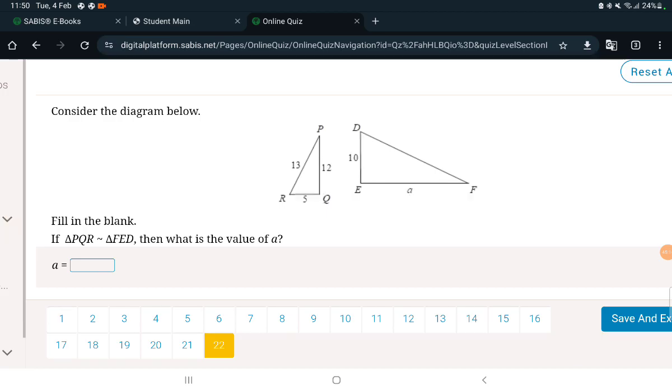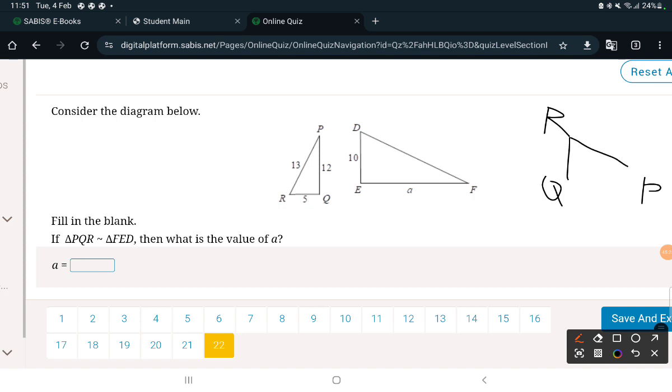So let's just rearrange it. We get R, QP, and 12 in the bottom, 5 over here, and then 13.